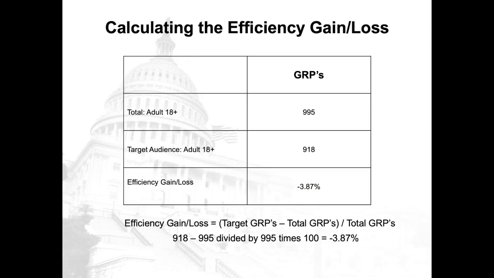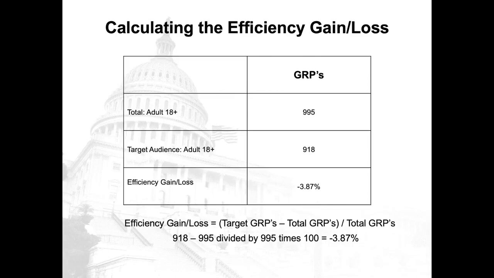The total quantifiable difference in media usage is known as an efficiency gain. If your media plan achieves more target audience GRPs than adults 18 plus GRPs, it means some media vehicles more efficiently reach your target audience than others. The goal is to maximize target audience impressions and therefore increase the GRPs among the target audience.